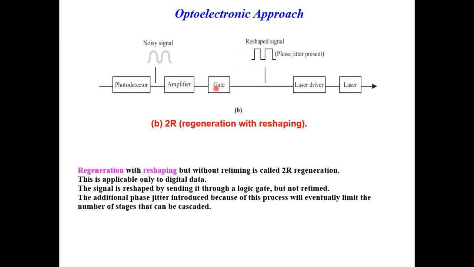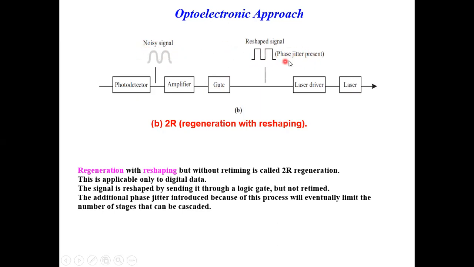Now it is in the form of a block. Which gate is not discussed here. If you want to study it, you can go deeper, but the concept is that a gate will convert the incoming signal into a digital pulse. So I have reshaped the pulse, but I have not taken care of a noisy signal.